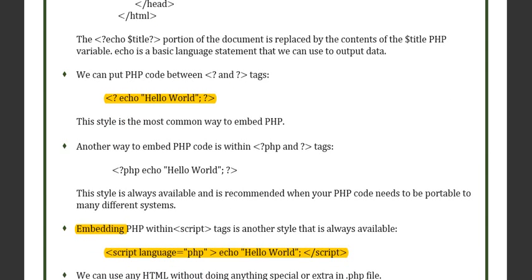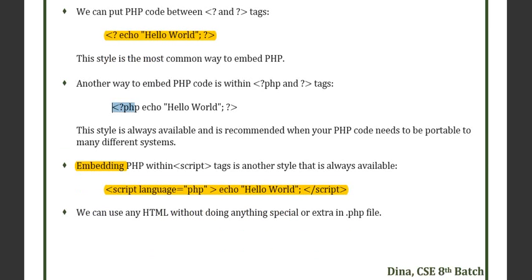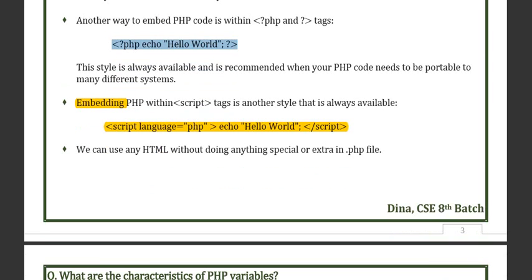We can put PHP code between the brackets and question marks, like this. After echo we have written hello world. This hello world will be printed. Instead of that you can write PHP echo hello world. You can also write it in the script language PHP style: script, then echo, then hello world, then the closing script.